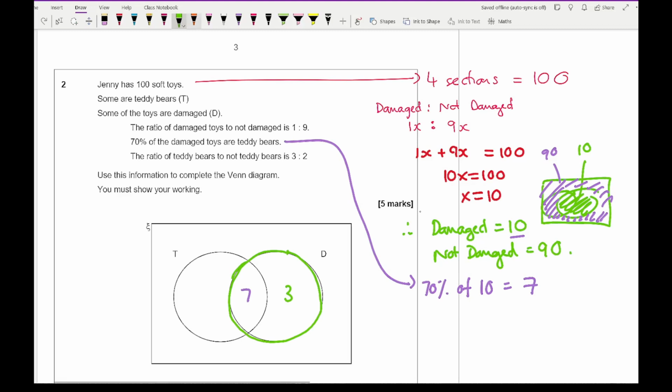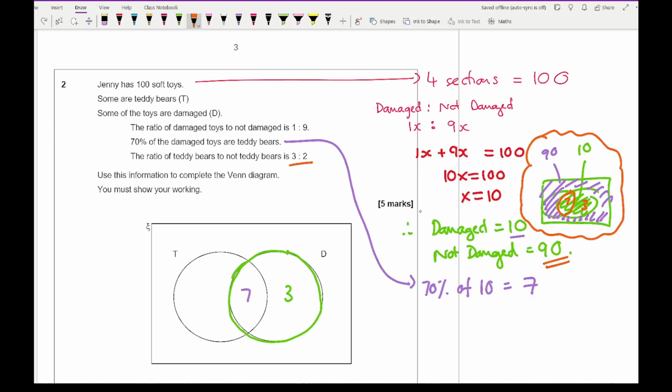Now I know from the other 2 sections, going back to this diagram here, that if this bit here is 7 and 3, then all of the outside bit, which is what I've got left, has to add up to 90. Now it then says that the ratio of teddy bears to not teddy bears is 3 to 2.